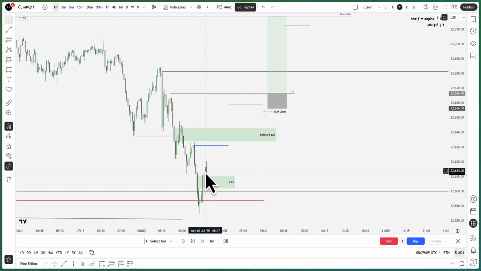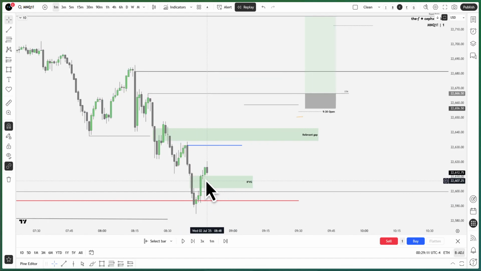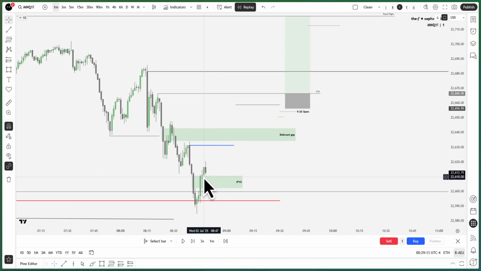If we inverse this fair value gap right here when we close outside of it, I'll probably take this as an inversion. Could also take this as an inversion, but on the day this happened, I did not take the inverse fair value gap setup.